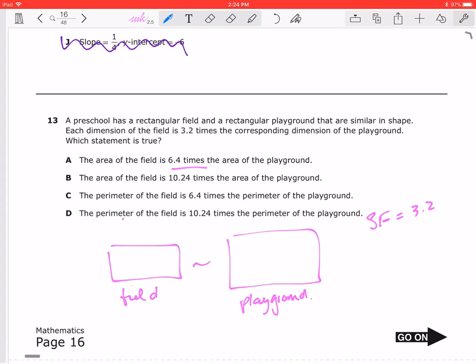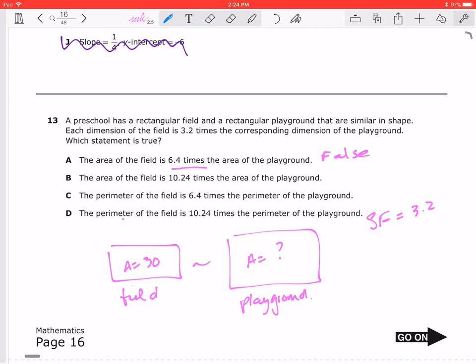Let's look at statement A. Statement A says the area of the field is 6.4 times the area of the playground. This is false. If we remember, in terms of finding area, say I'm given the area of the field, and let's say it's equal to 30.